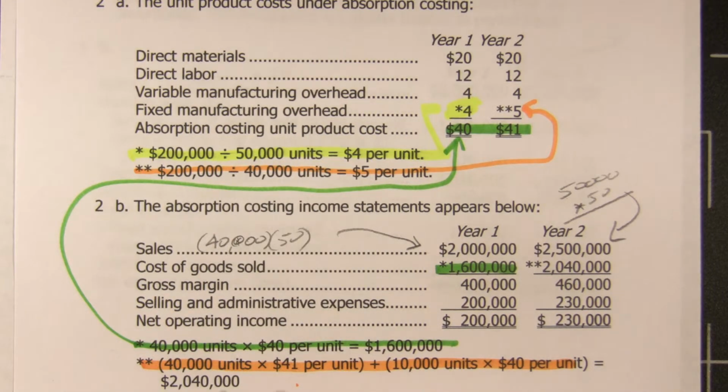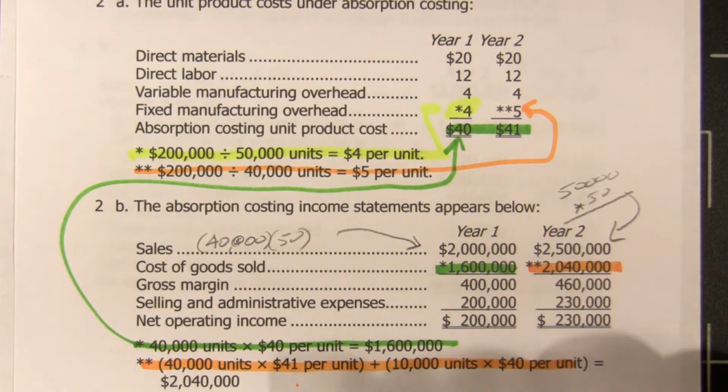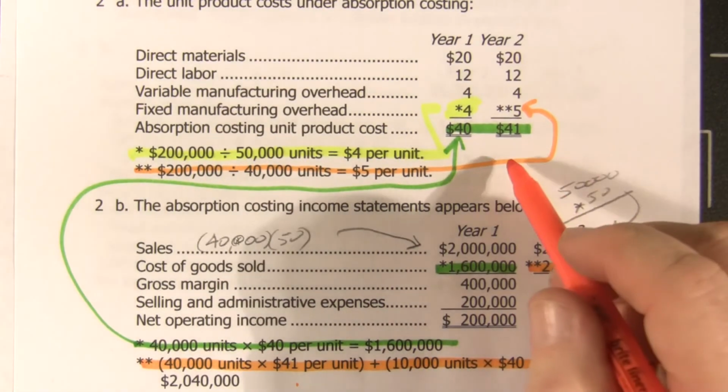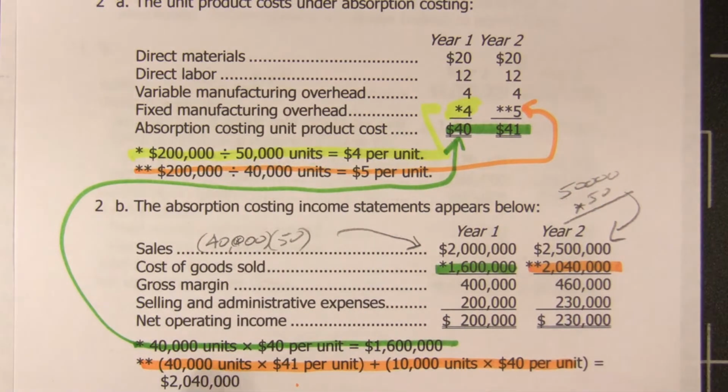Because remember, we only made 40,000 units this year. So we have to include the 40,000 we made this year plus the 10,000 we made last year, and we have to include those at the correct price. So that's how we get that number. Okay, it's 40,000 at 41 because we only made 40,000 this year, plus the 10,000 we had from beginning inventory. And the rest is pretty straightforward.